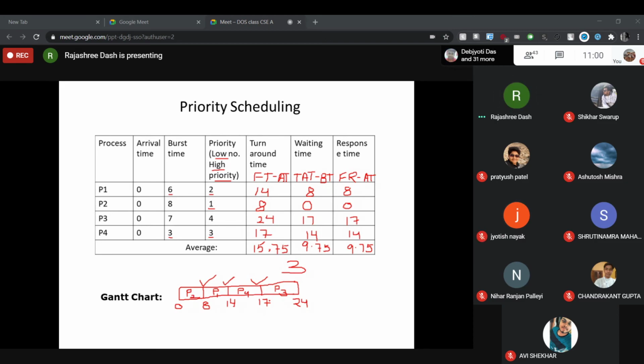Okay, ma'am, 3. Can you tell me, in the previous problem that we solved with preemptive scheduling, how many context switches occurred?